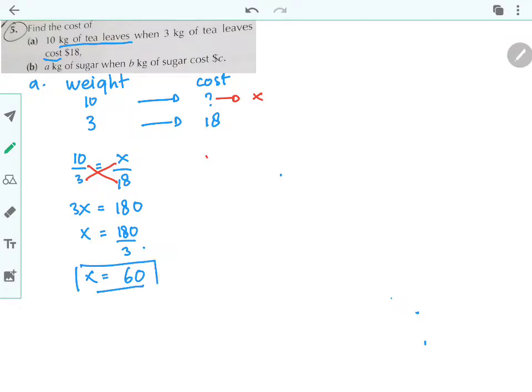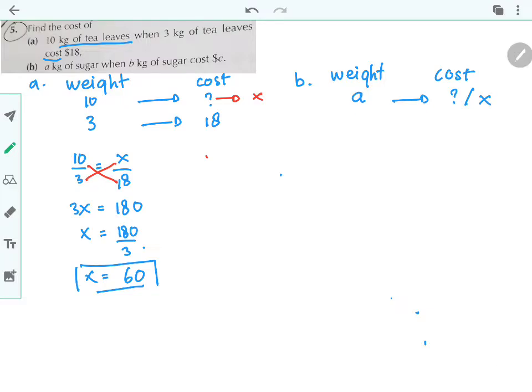Okay, that's part A. As for part B, we still have the same variables, weight and cost. So when the weight is A, we don't know what the cost is, so we put a square mark, or let's say it's x.